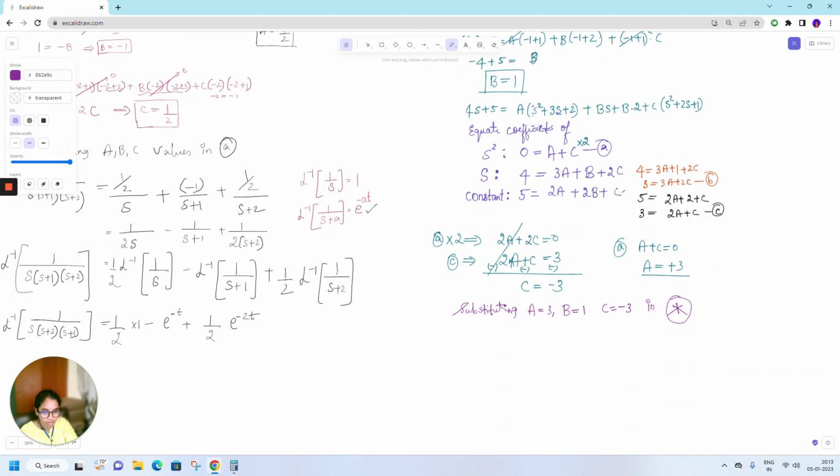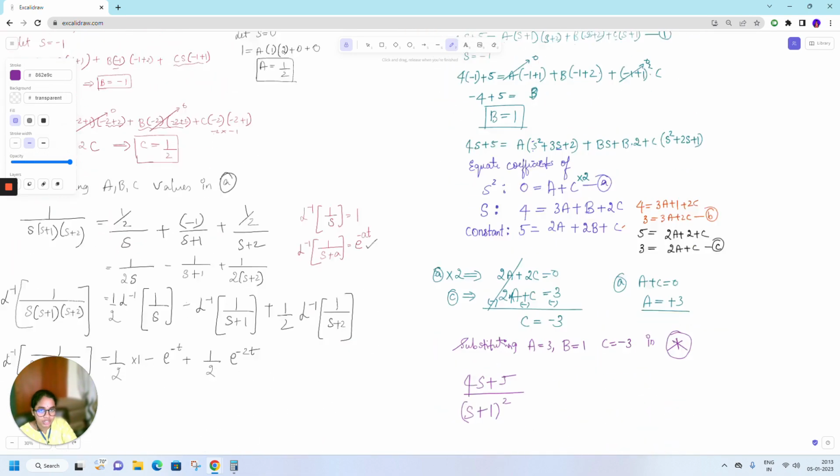That is 4s plus 5, our given question, 4s plus 5 divided by s plus 1 the whole square into s plus 2, is it? Yes, s plus 2. This is equal to a divided by s plus 1, so 3 divided by s plus 1, plus b divided by s plus 1 the whole square.